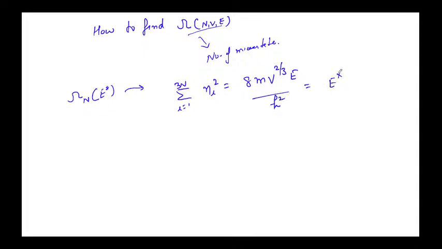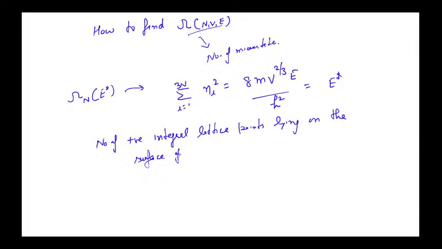So it can also be stated that the number of microstates is equal to the number of positive integral lattice points lying on the surface of a 3n dimensional sphere whose radius is of the order of the square root of E star.